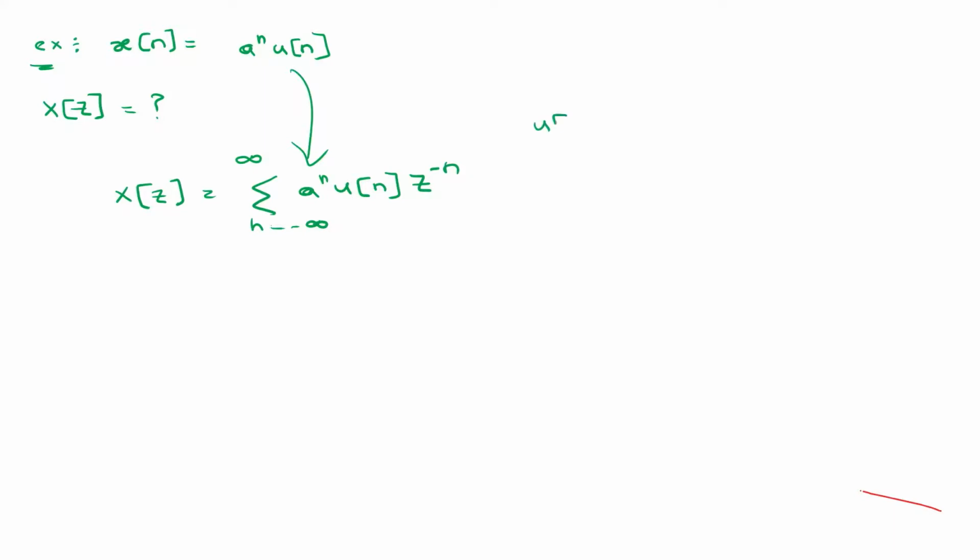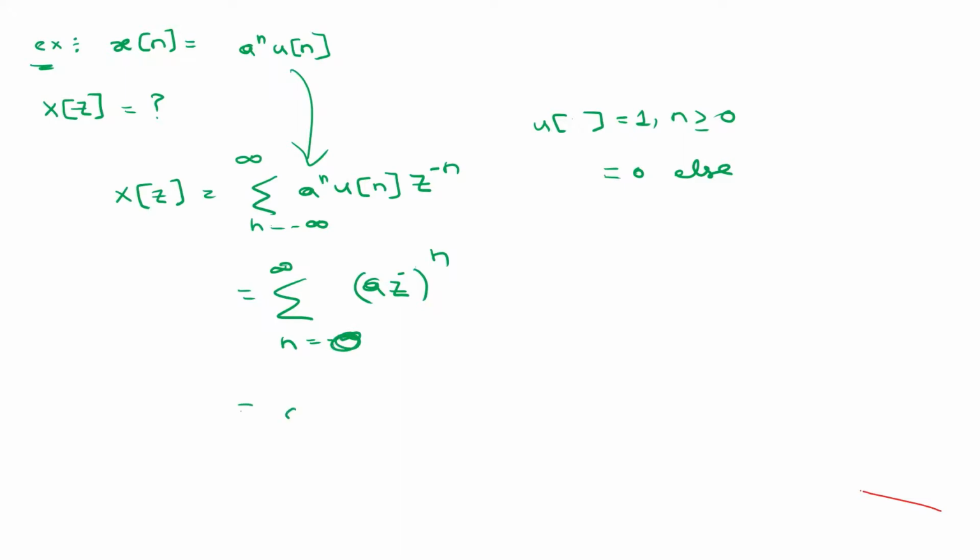But u of n is equal to 1 for n greater than or equal to 0, and 0 elsewhere, so all negative values become 0. So we substitute 1, and the sum now runs from n equal to 0 of (a z power minus 1) power n. If we expand this, we get 1 (anything power 0 is 1) plus a z power minus 1 plus a z power minus 2, and so on up to infinity.